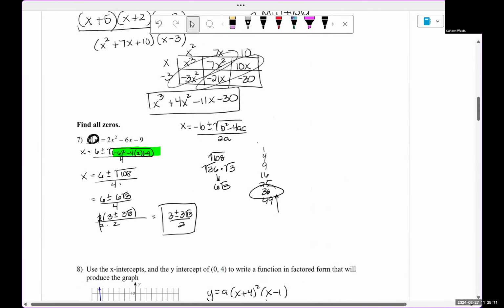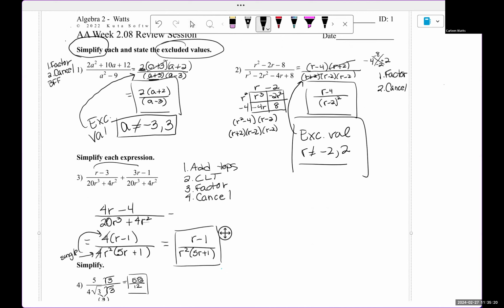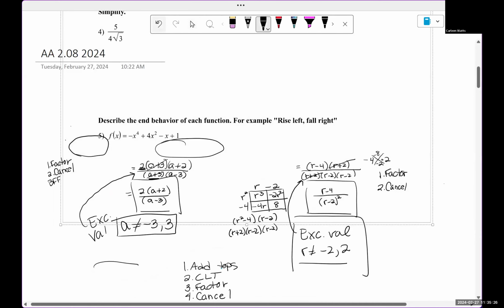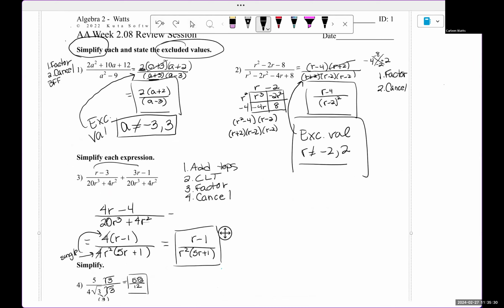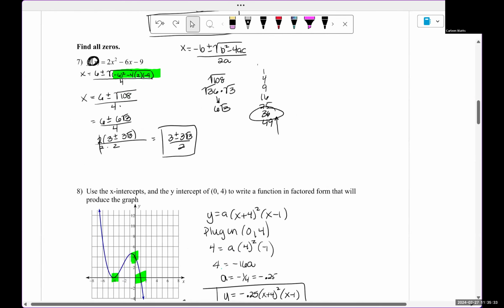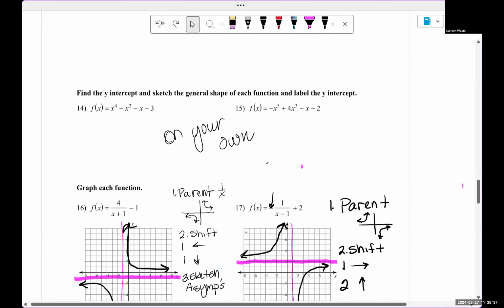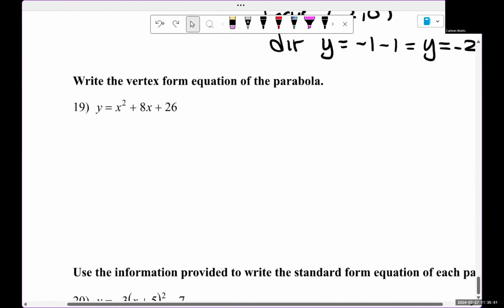Okay, coming soon. Starting next week, you will need to add expressions that do not have a common denominator, but we're not messing with that this week. I think in previous years, I tried to tackle that this week, but we're just focusing on reviewing for the test.